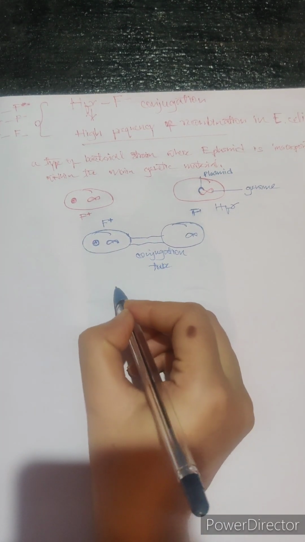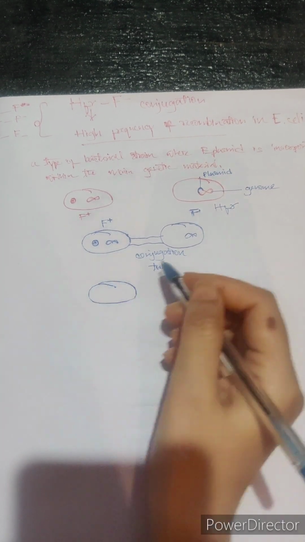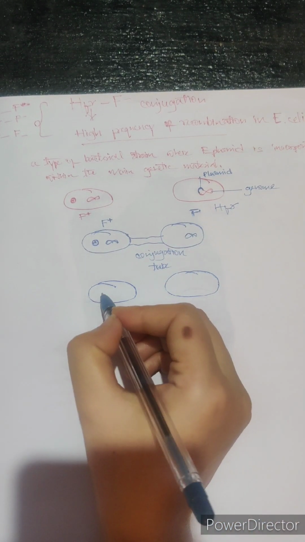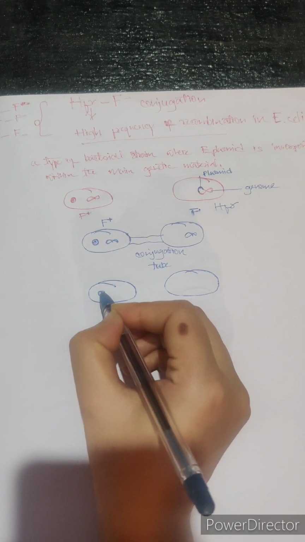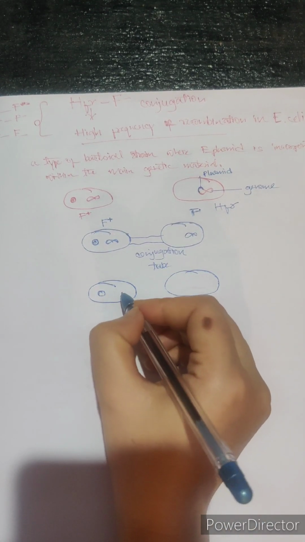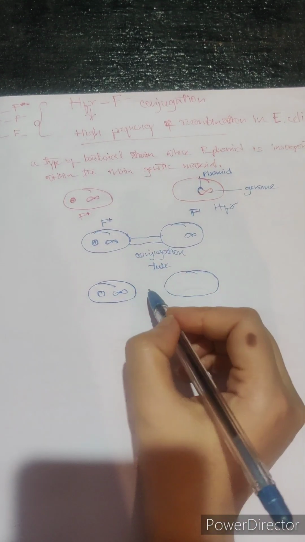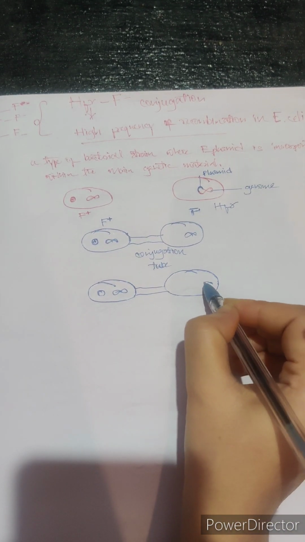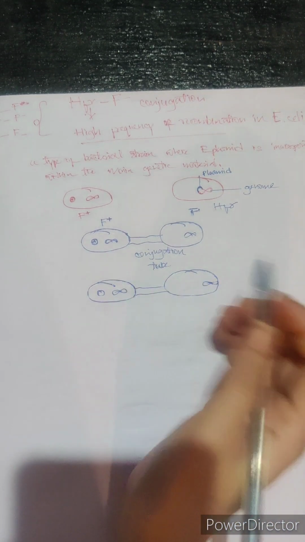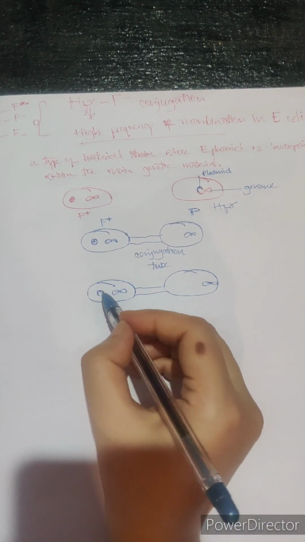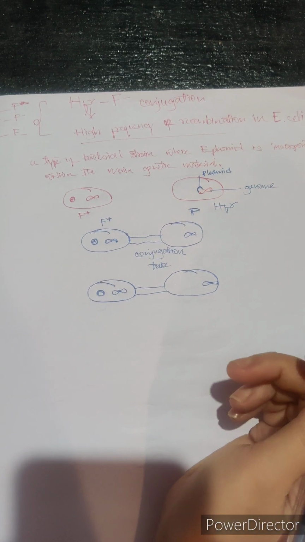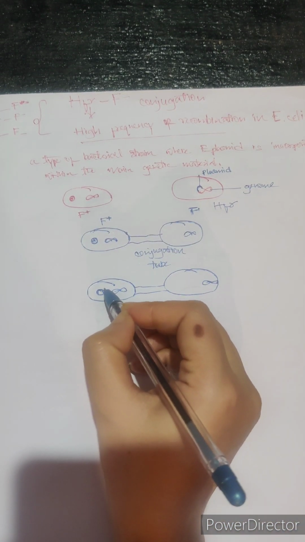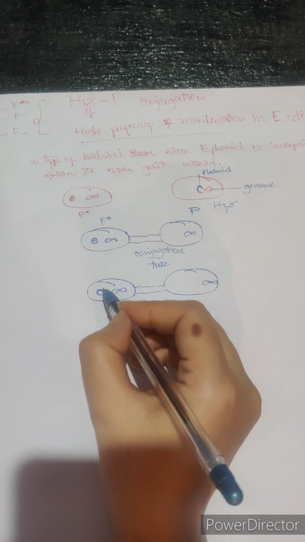So let me make another bacterial cell. This is your plasmid, and this is your main genome. This is your conjugation tube. This is the main genetic material. So what happens during the process of conjugation? The plasmid is double stranded.